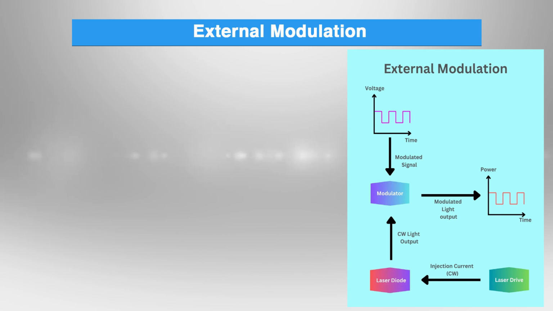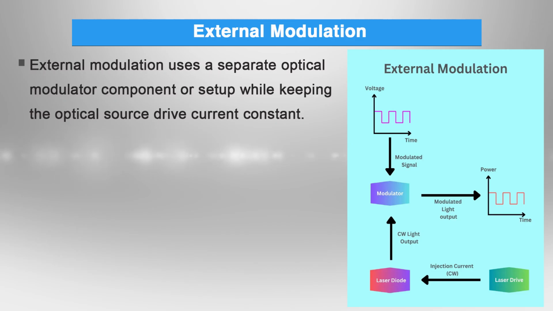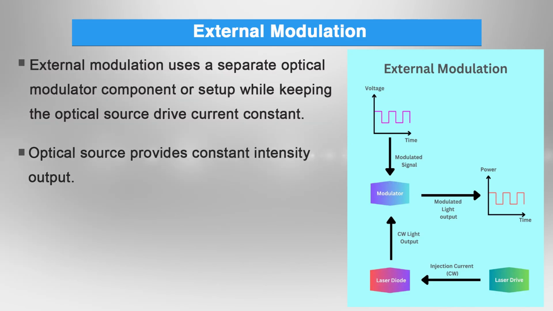The second type of modulation is external modulation. External modulation uses a separate optical modulator, components or setups while keeping the optical source drive current constant. The optical source provides constant intensity output.